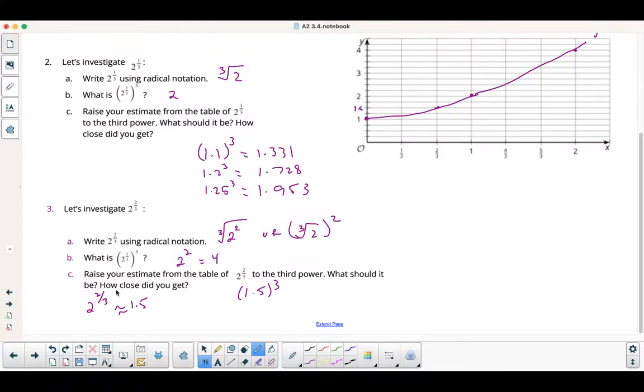So if I cube the 2 to the 2/3, I know it's going to be 4 because I did exponent rules. If I take 1.5 to the third, I get 3.375, which is not very close to 4. I know it should be 4. So obviously my graph is a little off. I should get 4 because these should be equal, but obviously my graph is sloppy.